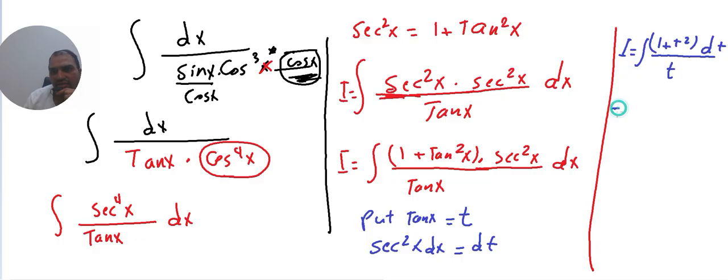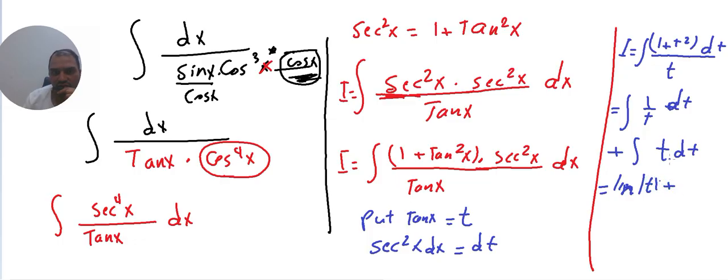Then you can simplify: 1 over t dt plus t power 2 divided by t equals t, the integration of t dt. So the answer will be ln of absolute value of t, plus the integral of t, which is t power 2 divided by 2, plus constant.